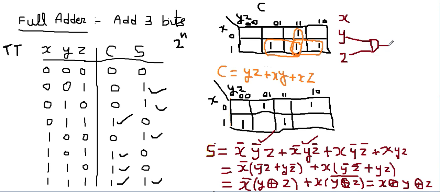Then xy, they are combined with an AND gate. And again for xz, let's take x from here and z from here. So we have this AND gate, and all three are connected to a plus, and the plus operation is nothing but your OR gate.